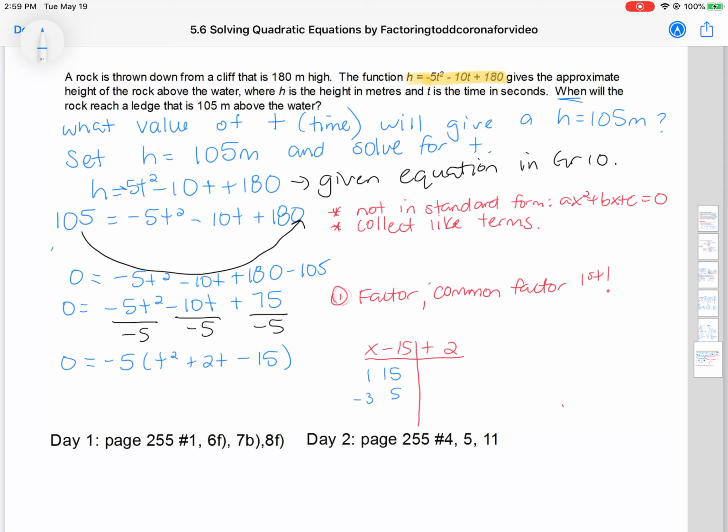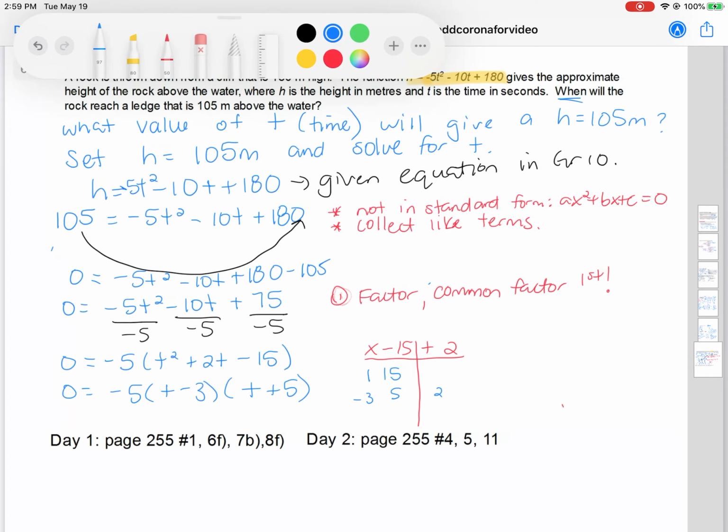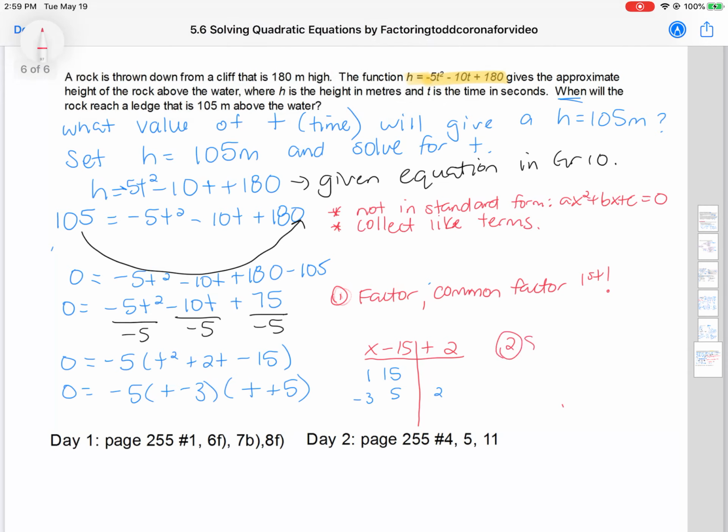We want 3 and 5, and because we want a negative product, one of them has to be negative, and we want our sum to be positive, so the bigger number has to be positive.